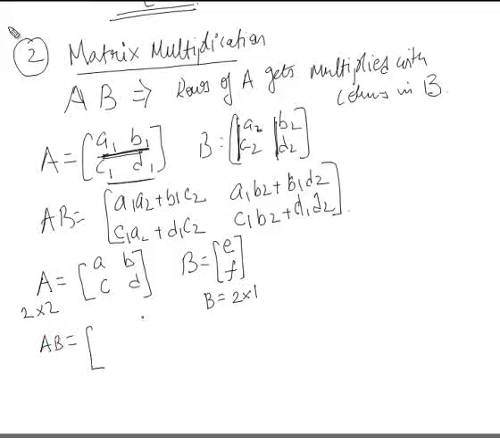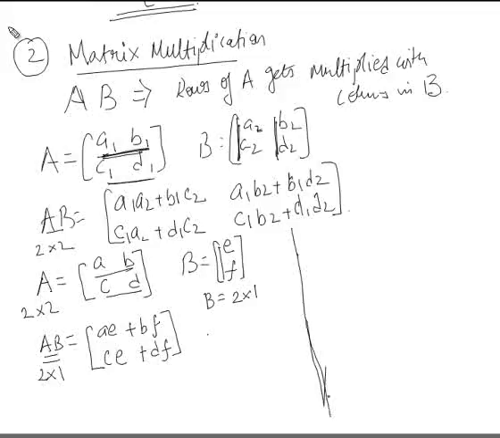I fix the row, I fix the column. Rows get multiplied with columns. So I will get ae plus bf. Then I will get ce plus df. Correct? So what is AB here? Here AB is a 2 cross 1 matrix.